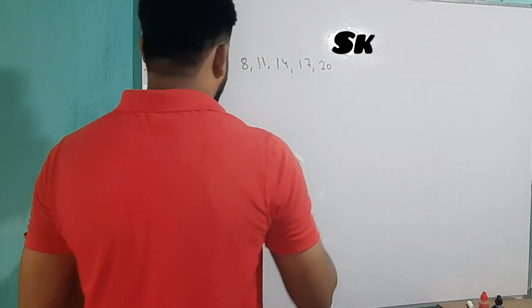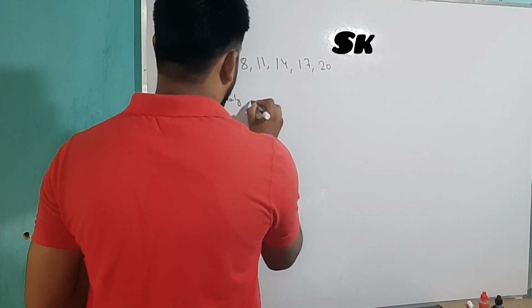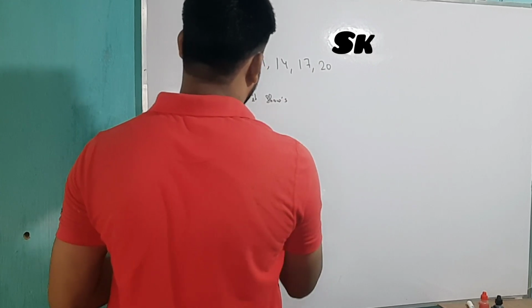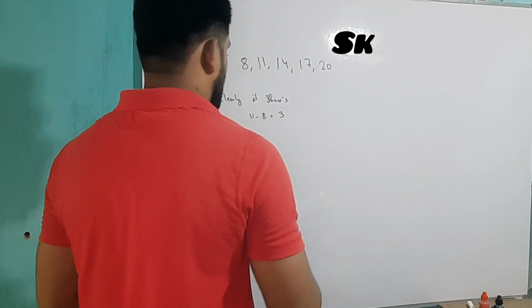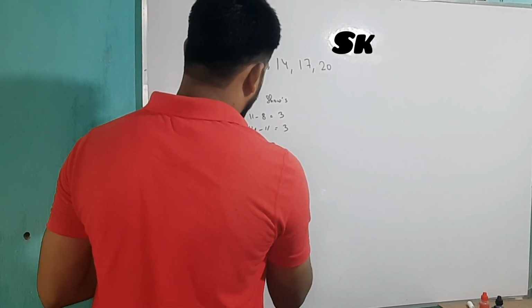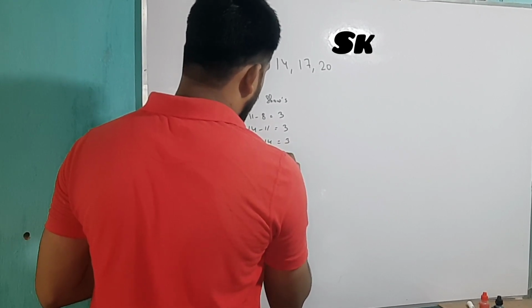Clearly, 11 minus 8, how much? 3. Right. Next, 14 minus 11, again 3. 17 minus 14, again 3. 20 minus 17, again 3.